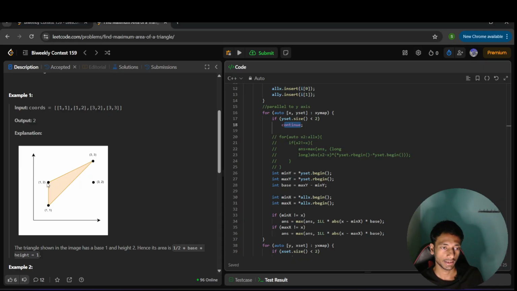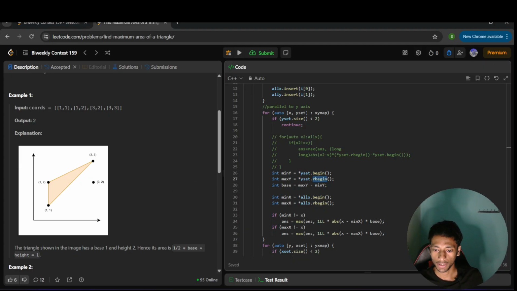I can check the different heights and the maximum base length. So what will be the maximum base length? The maximum base length will be from the leftmost point to the rightmost point on the same x equal to 1. So I can easily find that from this set. The minimum y I get from begin, and the maximum y I get from rbegin, the rightmost.